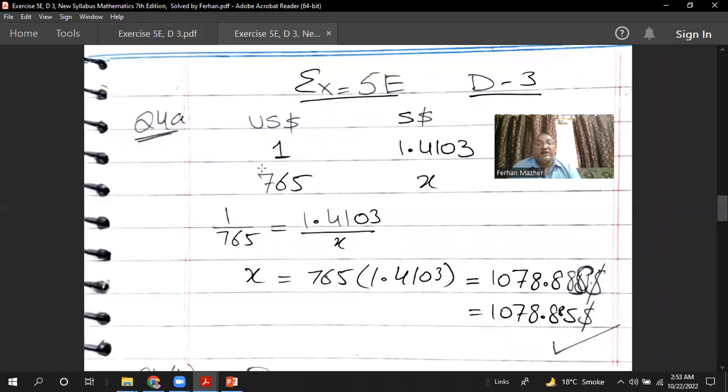So it will be 1 divided by 765 equals 1.4103 divided by X. Cross multiply. So X will be equal to 765 times 1.4103, and that will be equal to 1078.885 Singapore dollars. So that is question number 4, A part.